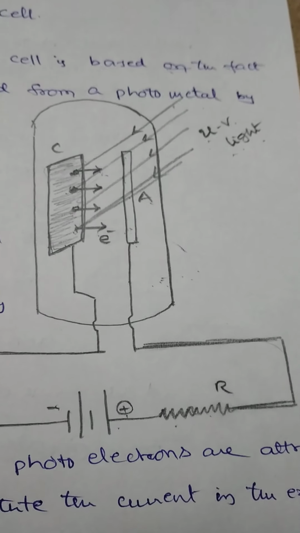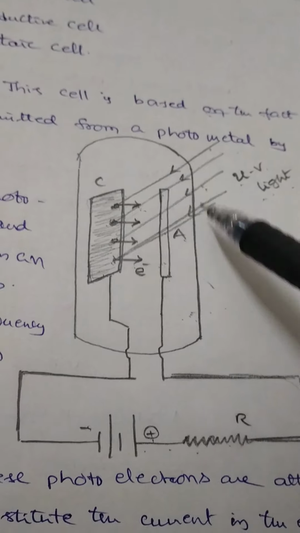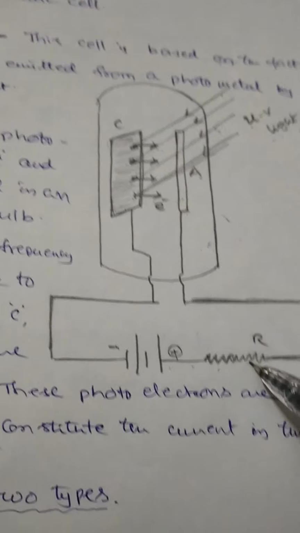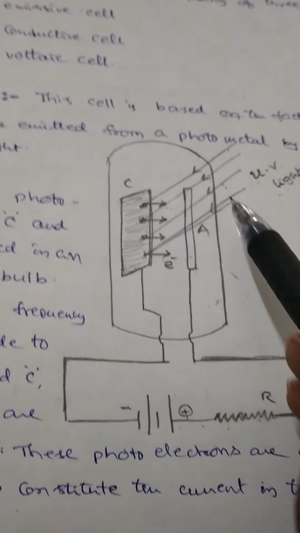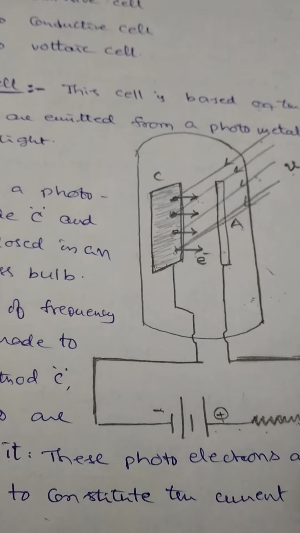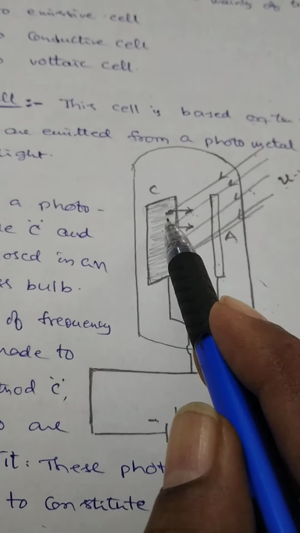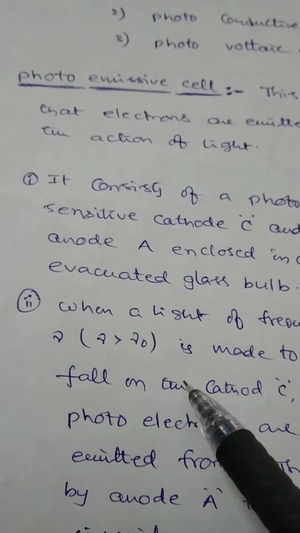They constitute the photoelectric current inside the circuit. That means light energy converts into electrical energy. Do you understand? Light energy converts into electrical energy. So this type of cell is called the photoemissive cell. Photoemissive cell means by the emission of photoelectrons, photoelectric current will be produced inside the external circuit. That's why it is called the photoemissive cell.